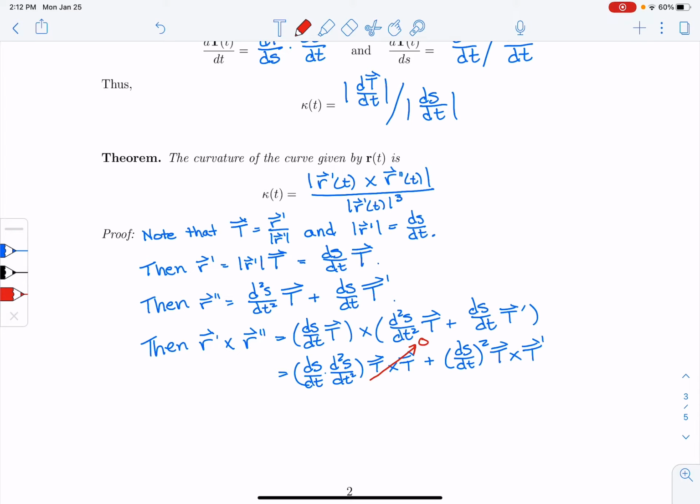Okay, so let's look at the magnitude now. So the magnitude of r prime cross r double prime, what is that going to be? Well, it's the magnitude of ds/dt squared, and then it's also the magnitude of T times the magnitude of T prime.